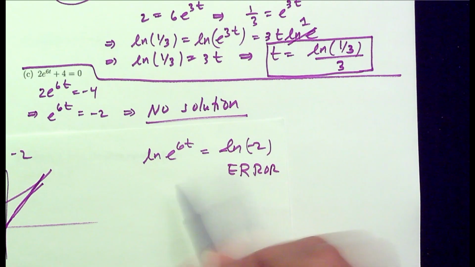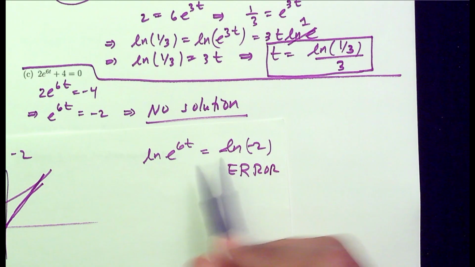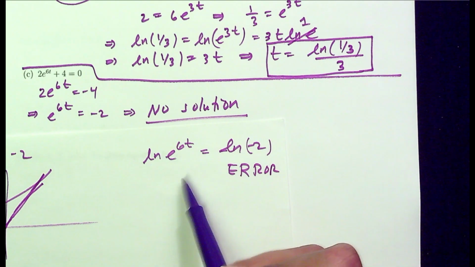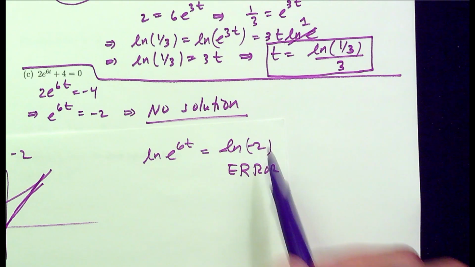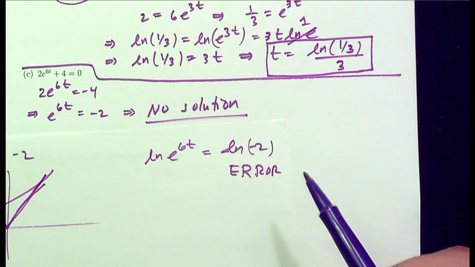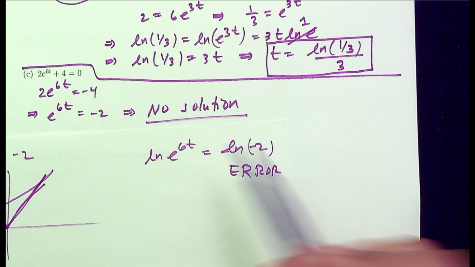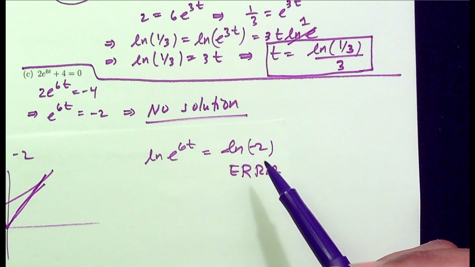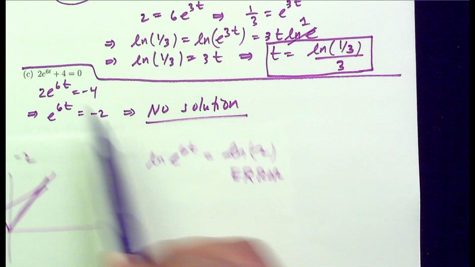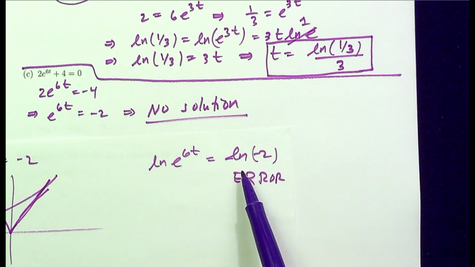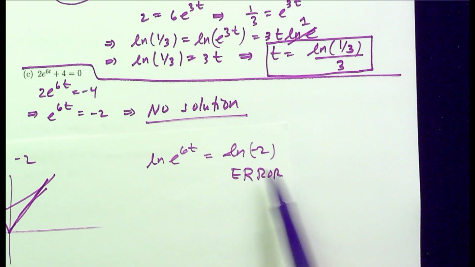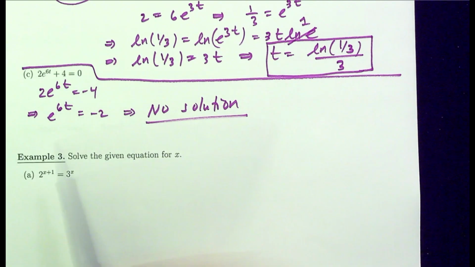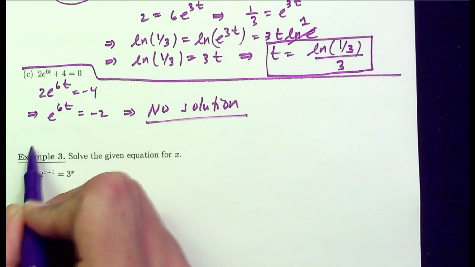That means there's no solution. You cannot solve this, because the right hand side does not exist. So at one point or another, you should have noticed that there's no solution, either at this point or once you take logarithms. This is nonsense. Ln of a negative number is not real. All right, so this is an example of something that has no solution.